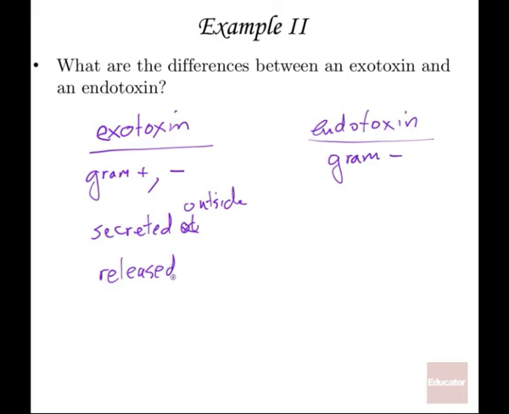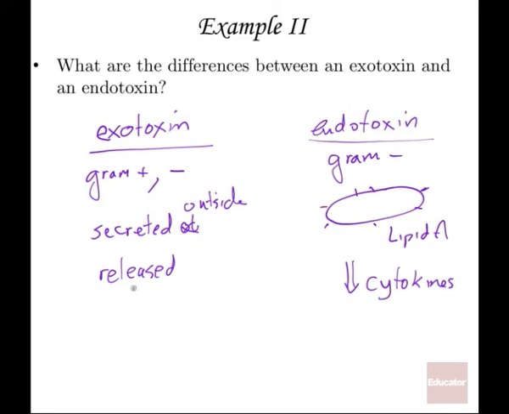Now, the endotoxin was part of the outer membrane, and we had various parts of that membrane. Remember that lipid A? That lipid A was really important in relationship to it being a toxin. When that cell is engulfed by phagocytosis, remember the macrophage released all of those cytokines.